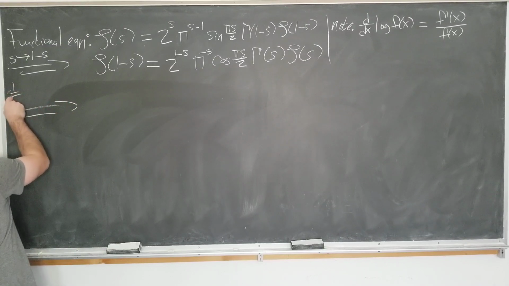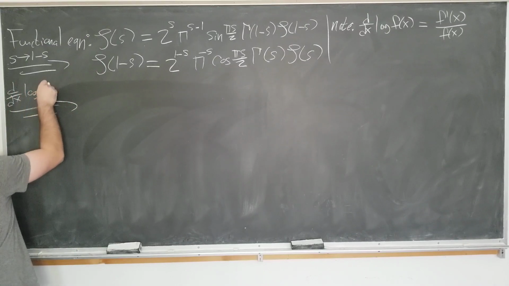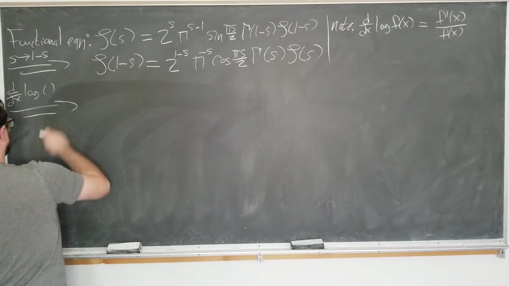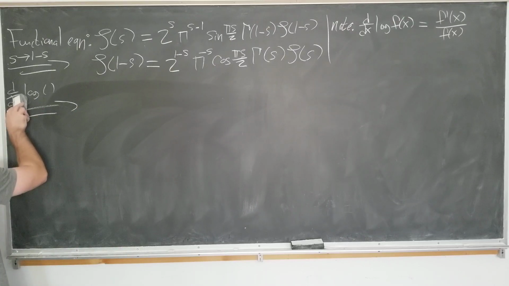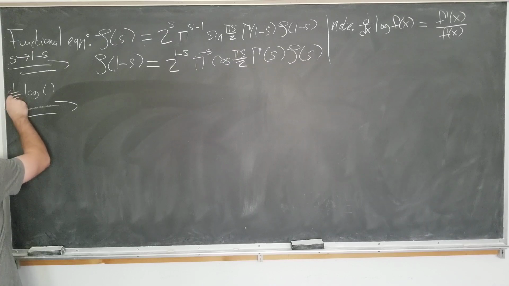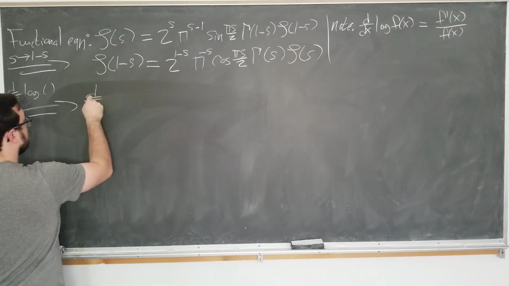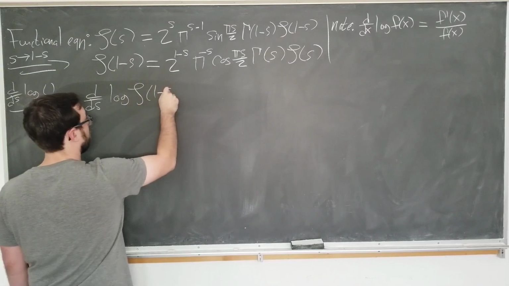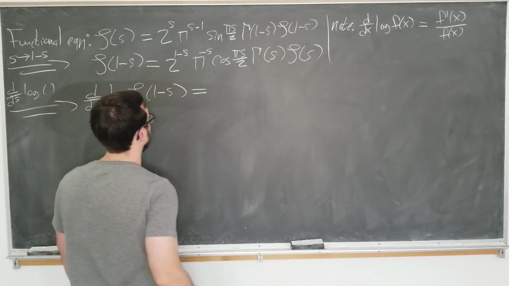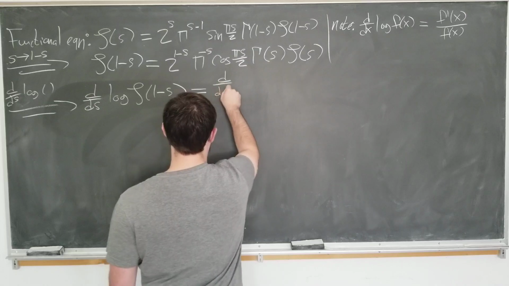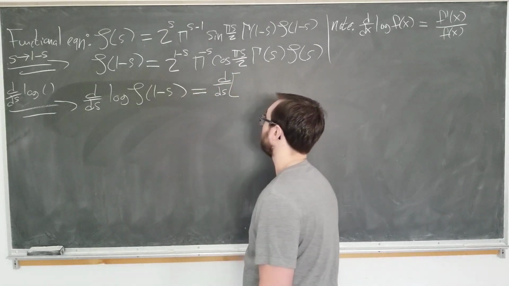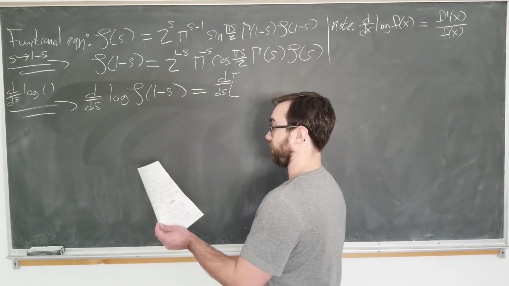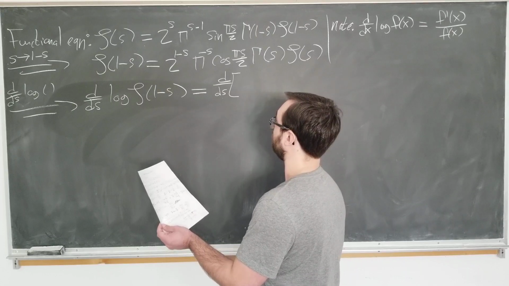Okay. d by ds, of the log of zeta of 1 minus s, is equal to, I'm going to take the log first and then do the derivative. Okay, first let me make sure I have the functional equation correctly.